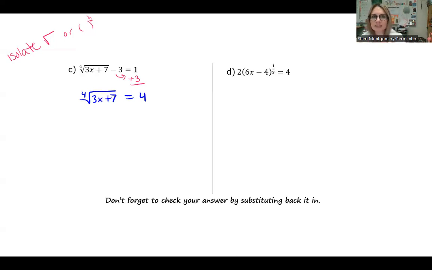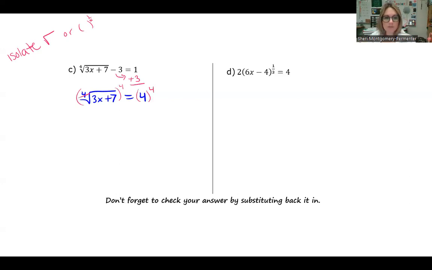Now then, have I isolated the radical? Yes. So now to get rid of it, I can do what? If you don't know, look at your chart. How do we undo a radical? We have to raise it all to that index power. So this one is, what's the index for that root? 4.